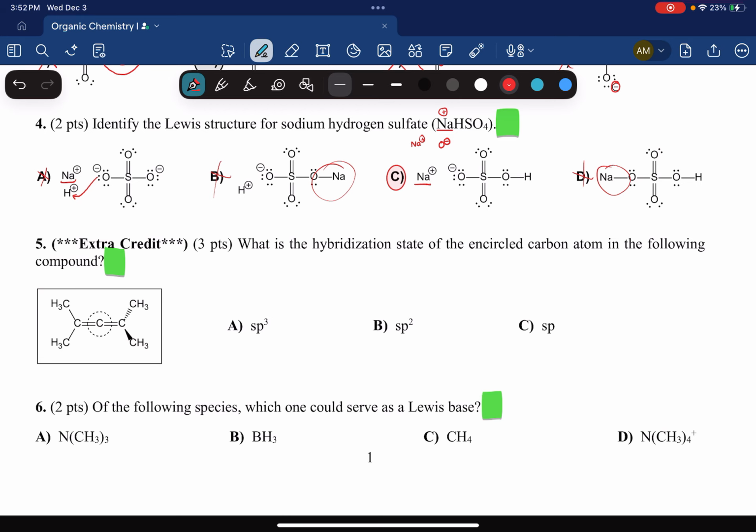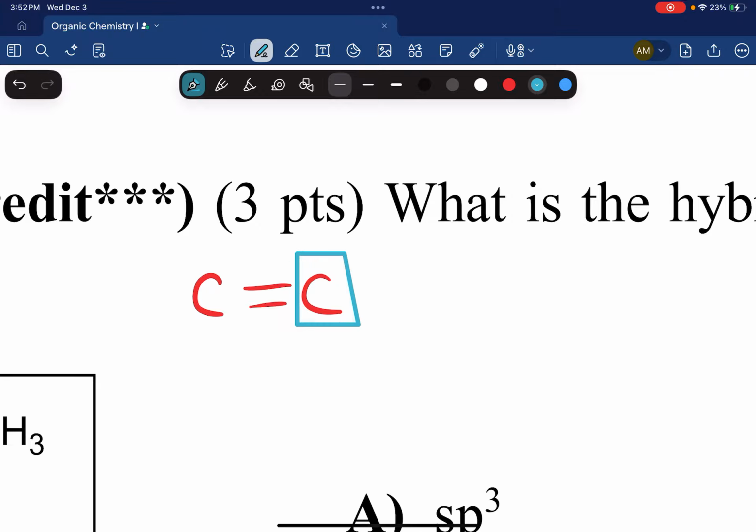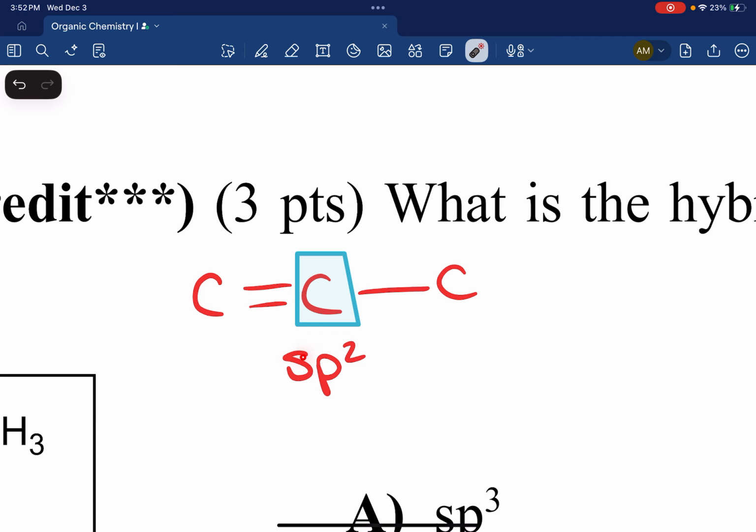If you see just one double bond, like if we were looking at this carbon, and it had one double bond and then a single bond to another carbon, that would be sp2 because of the double bond, right? Because one of the p orbitals is being used, and that's why it's no longer sp3. It's moved to sp2 because one p orbital is actually being used for a pi bond.